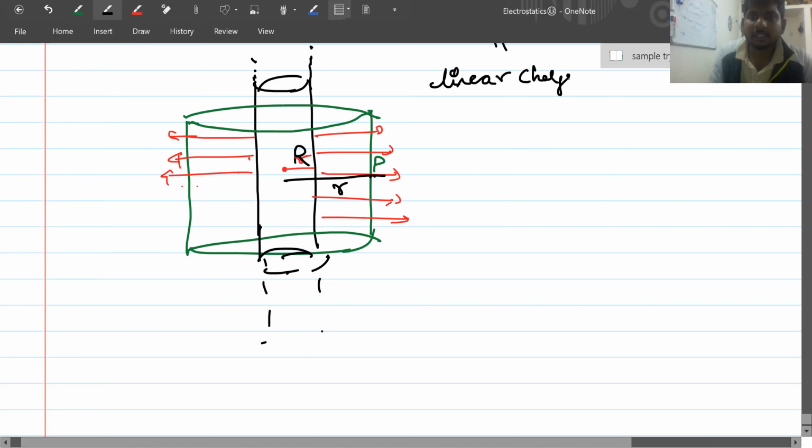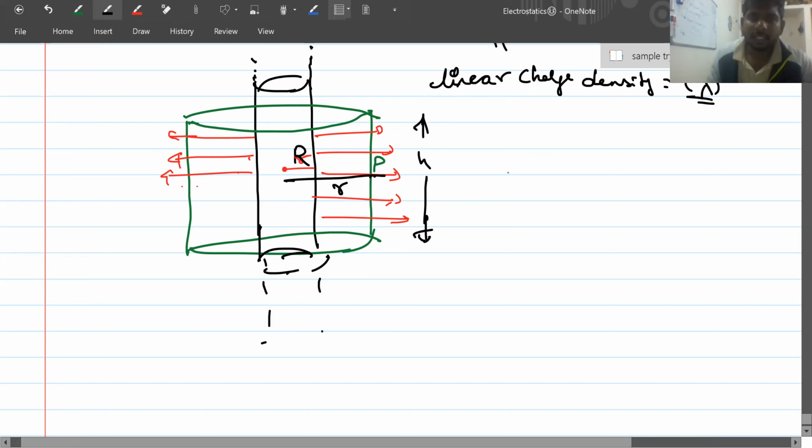The charge density, as given in the question, is lambda. I'm taking a cylindrical Gaussian surface of height h and radius small r.